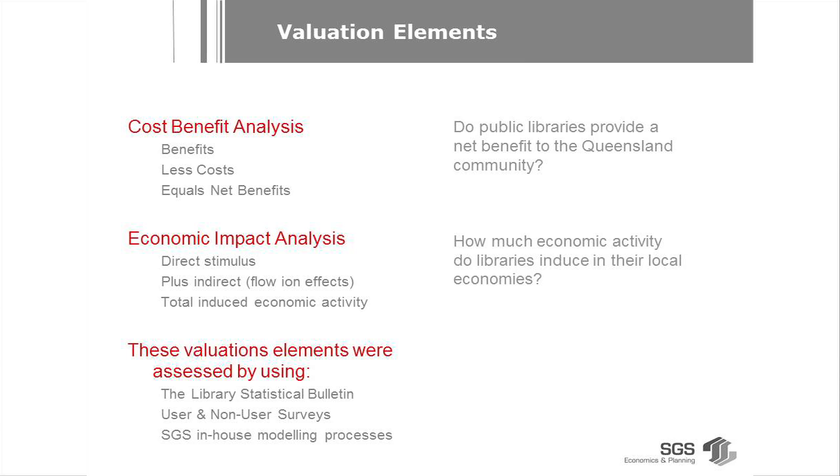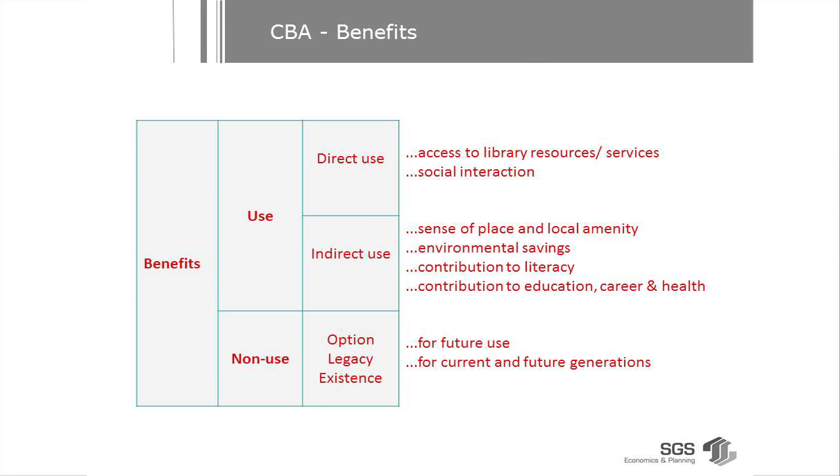As Andrew said, there were two valuation elements that we looked at: the cost-benefit analysis and the economic impact analysis. I'll take you through the cost-benefit analysis first and how we went about assessing that.